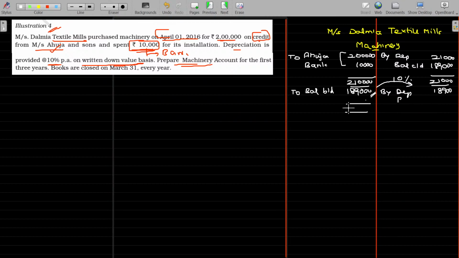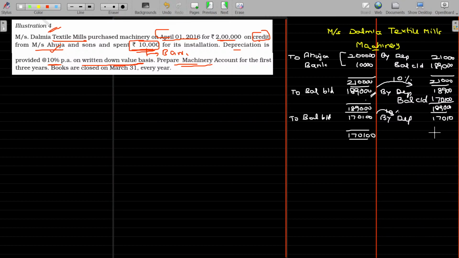So to tally this, 1,89,000. Balance carried on being 1,70,100. To balance brought down, 1,70,100. And for the third year, again depreciation at 10% will be created, 17,010.